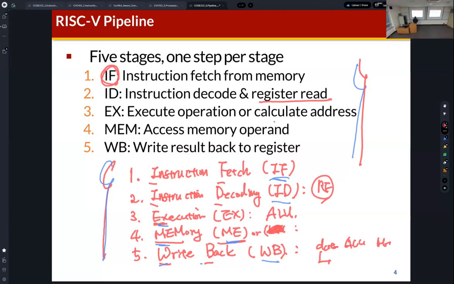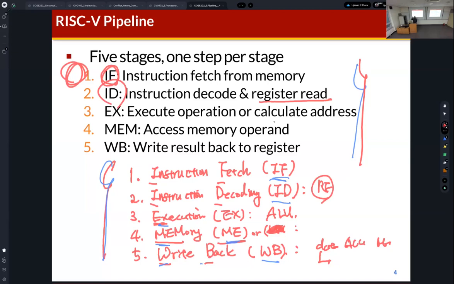For example, when an instruction is executed, in the first clock the instruction fetch is performed, and in the next clock the ID stage is performed.